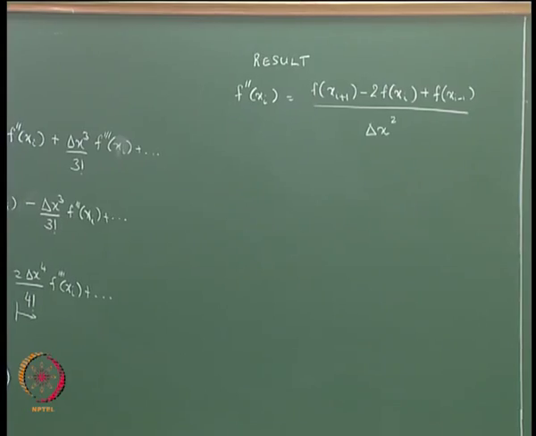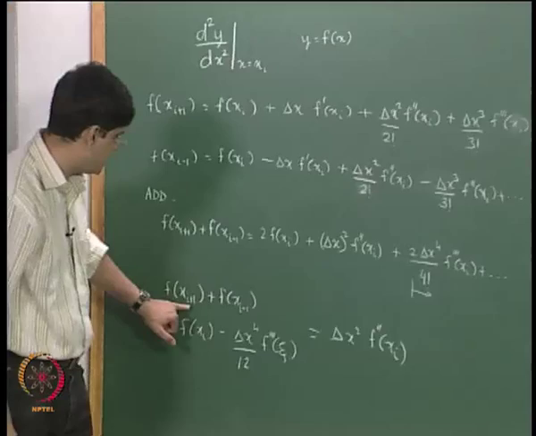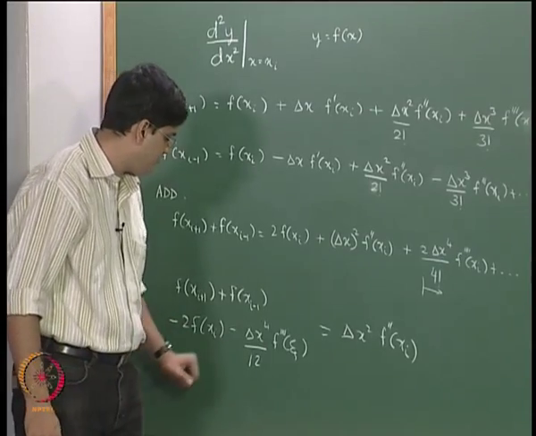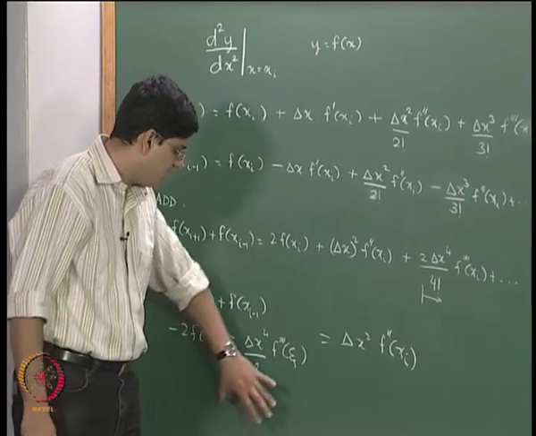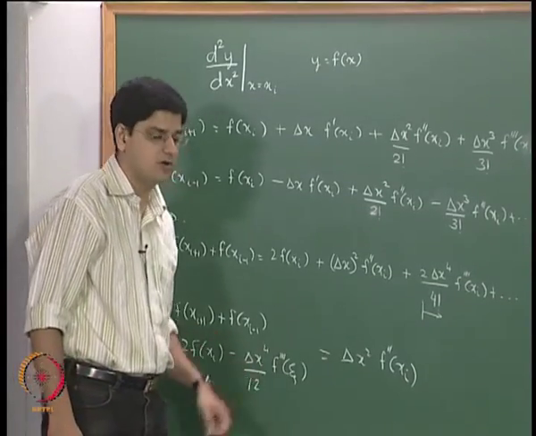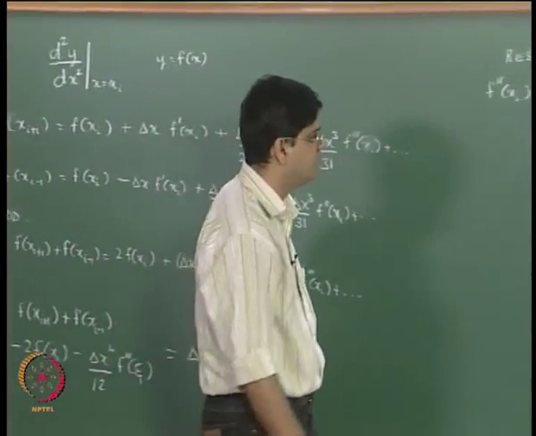So if you look at this particular expression, it's f of xi plus 1 plus f of xi minus 1 minus twice f of xi divided by delta x squared, and this is the residual term, which is minus delta x squared by 12 multiplied by f 4 dash of zeta.